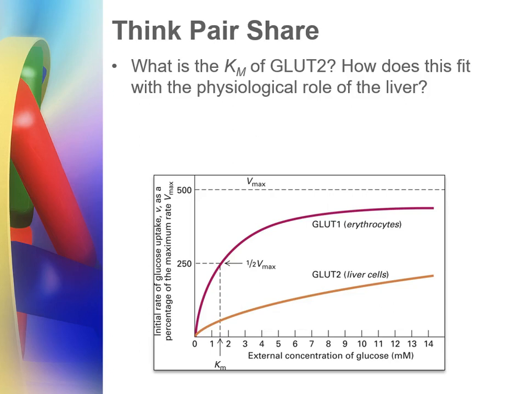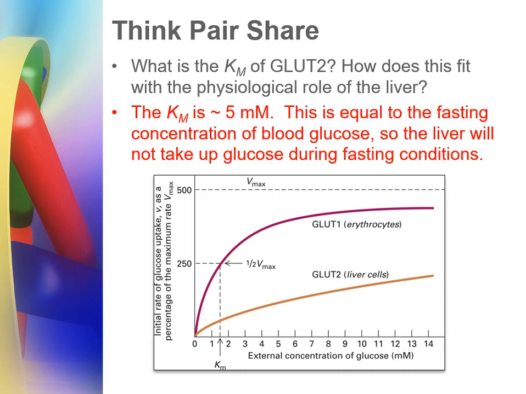So anyway, this is what I would have asked you if we were in class. So if you look at the Km for GLUT2, you can see that the Km is about 5 millimolar. For GLUT1, the Km is a lot lower. It's like 1.5 millimolar.